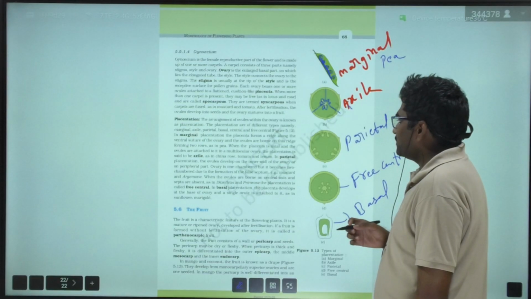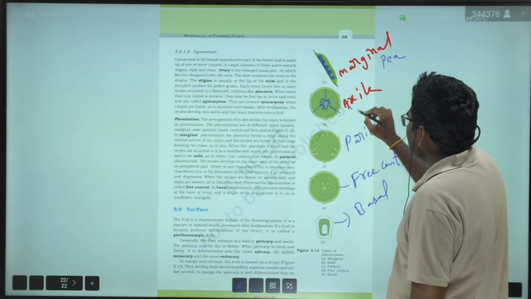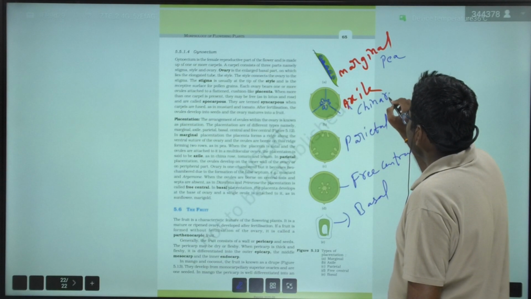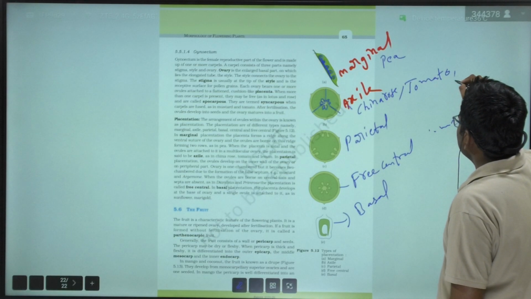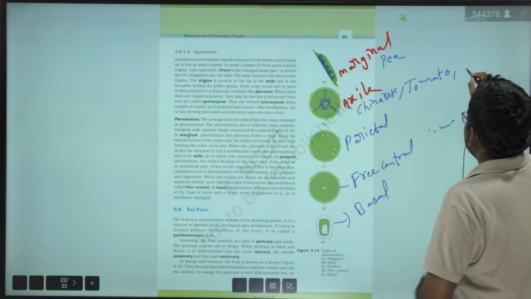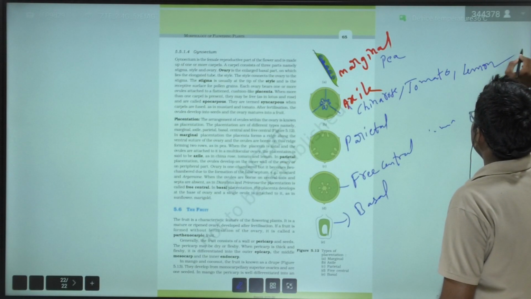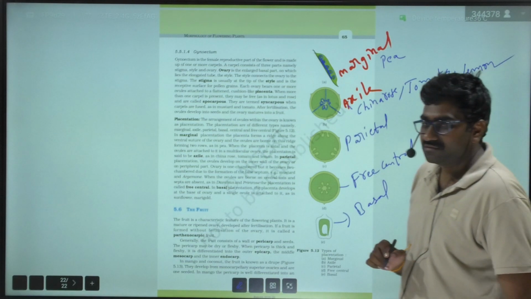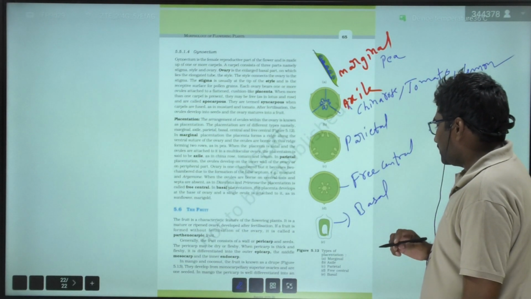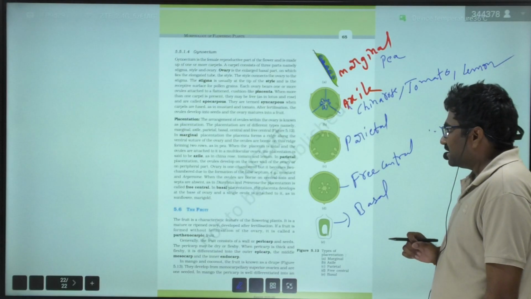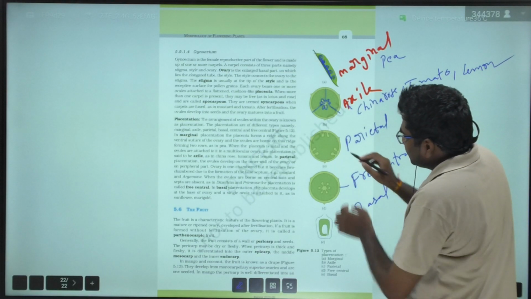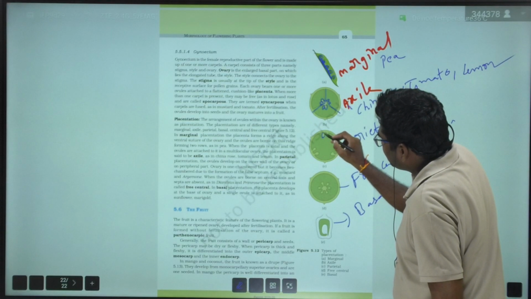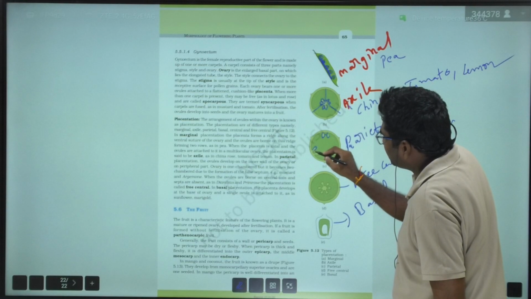Examples for axial placentation: China rose, tomato, and lemon. Another one is parietal placentation. In parietal placentation, the placenta develops along the inner wall of the ovary, and the ovules are borne on this inner wall.